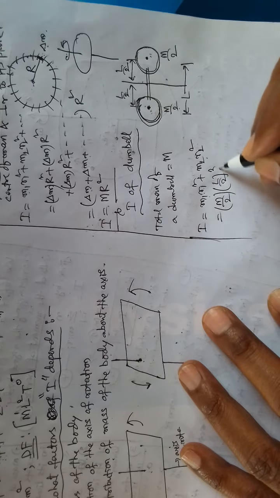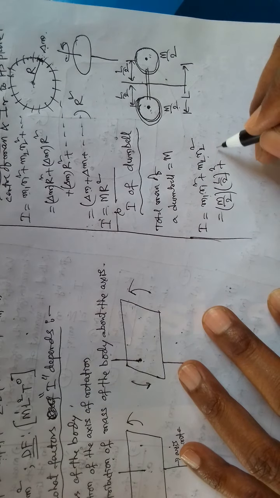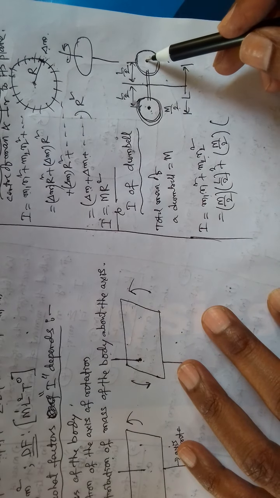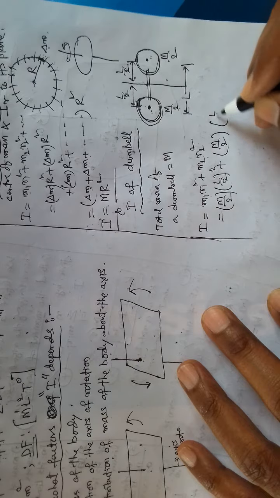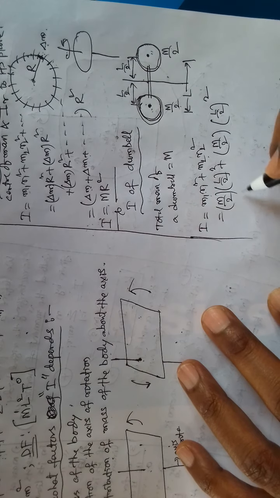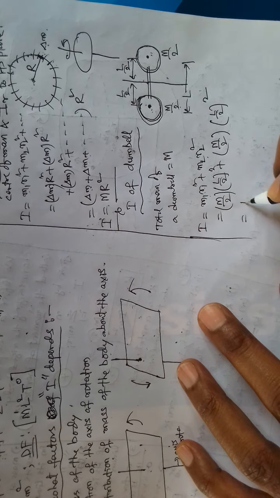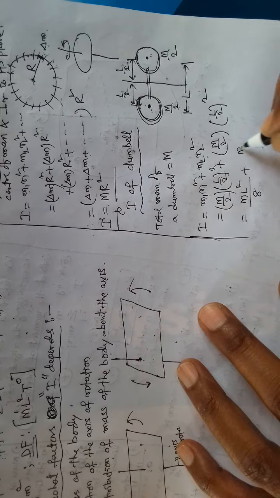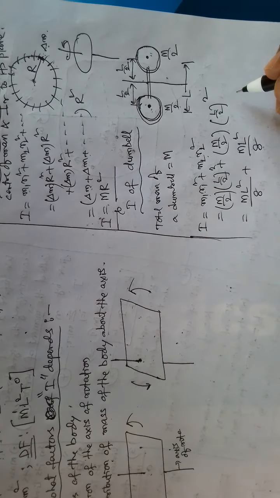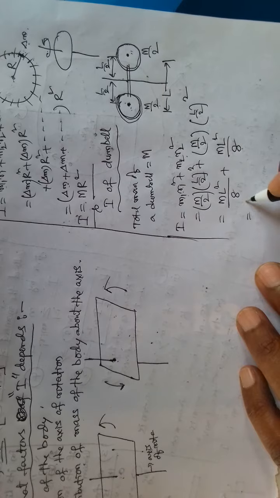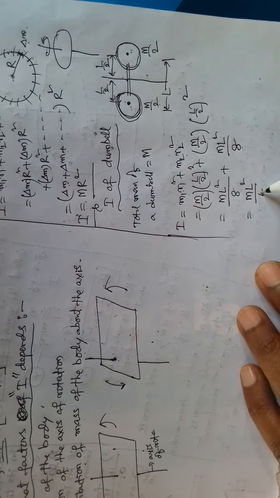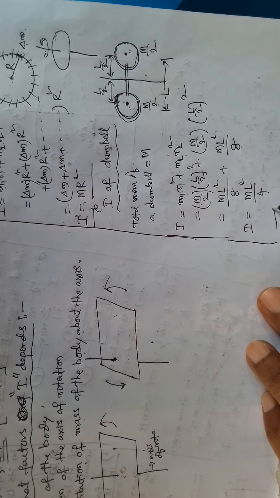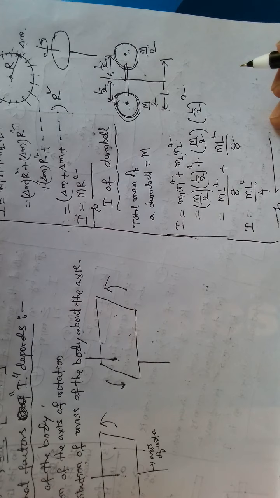So L by 2 whole square, plus m2, whose mass is m by 2, at this distance L by 2, whole square. So it is m L square by 8, plus m L square by 8, so that becomes m L square by 4. So this is the I value we have found.